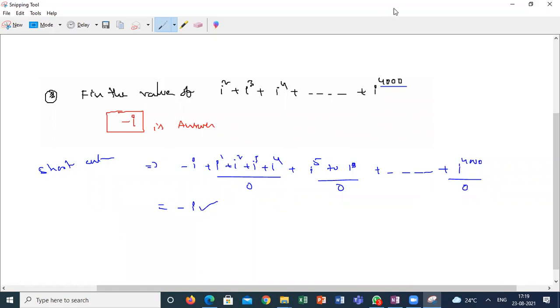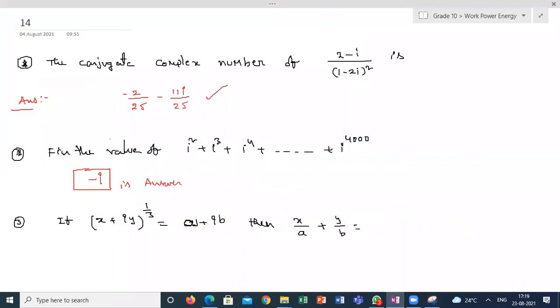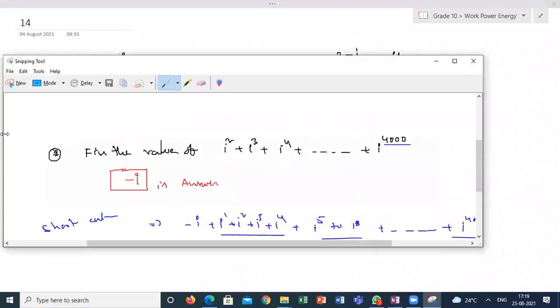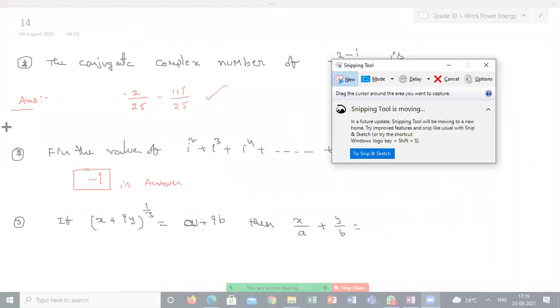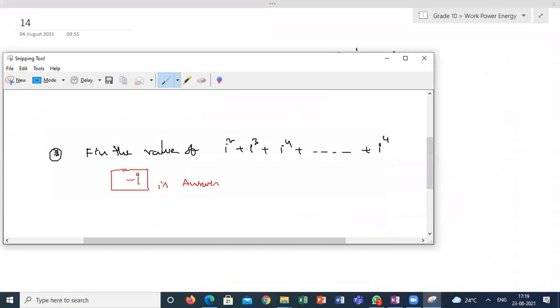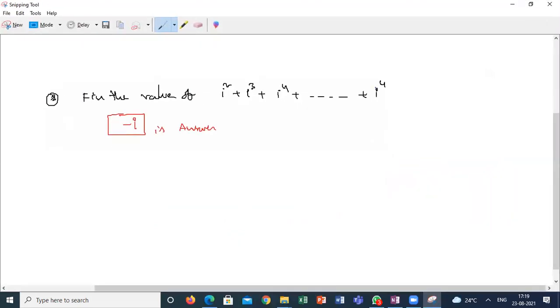So conceptually, how can I do it? Suppose the same question is given for 3 marks. This strategy we can apply, but we don't know whether the strategy will always work. How can we do the same question in a different way? This is i power 4000. See, each and every term has power greater than 2, so I'm taking i square common.